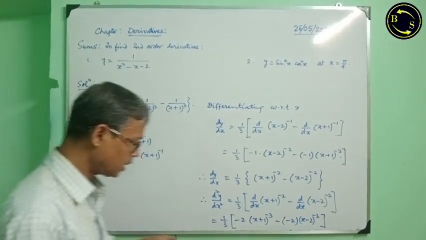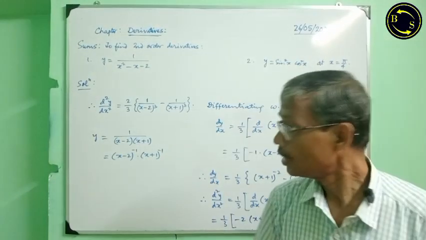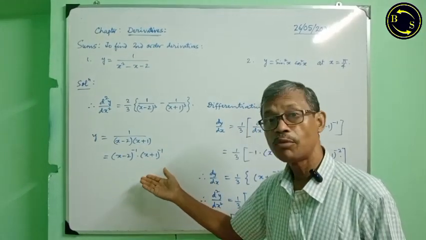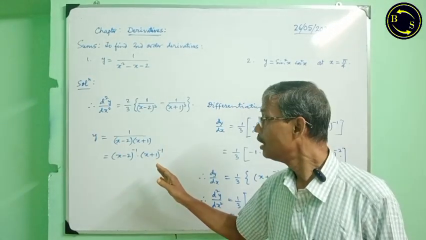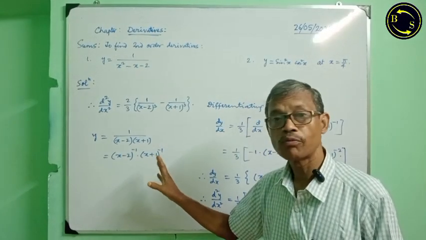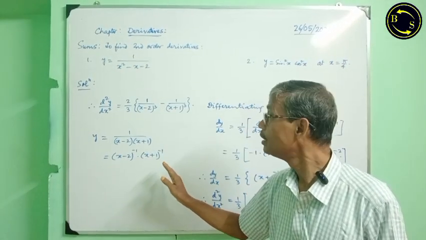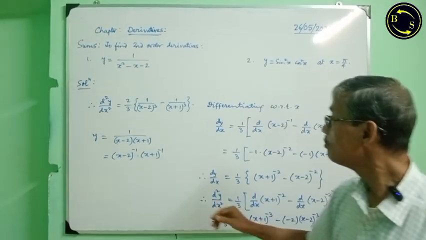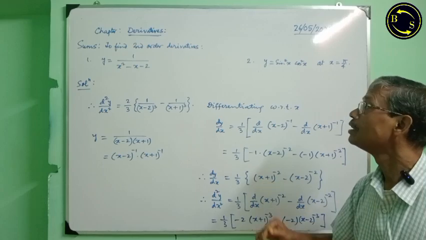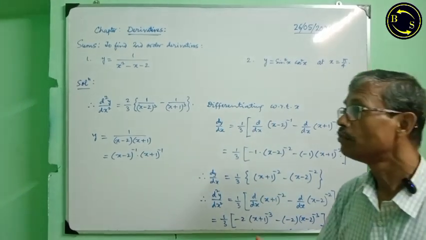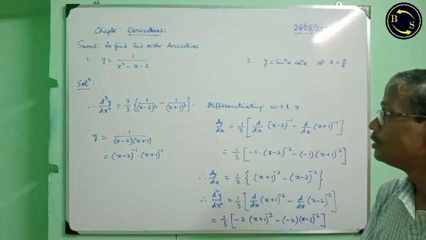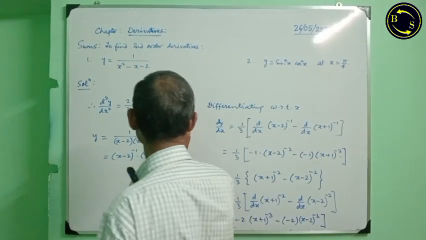If we take this form and take logarithm on both sides, we can also find the first order derivative. In that case, the form will be quite complicated. That is why we have used the trick of expressing y as a difference of two functions. Thus, the sum is solved.